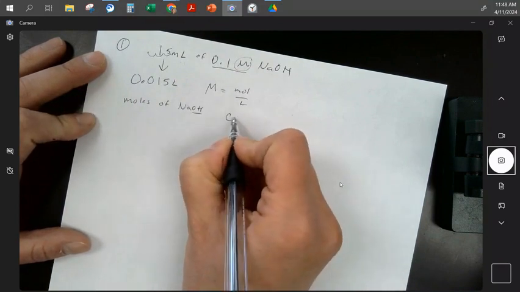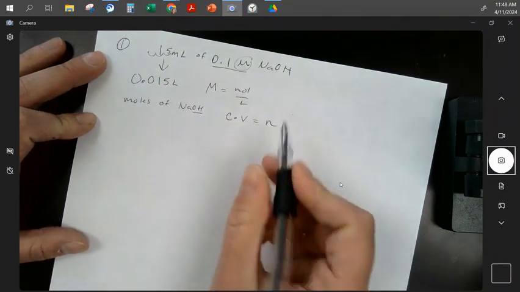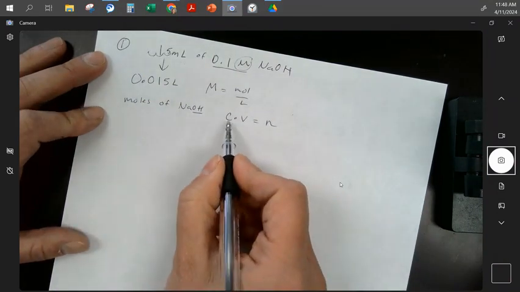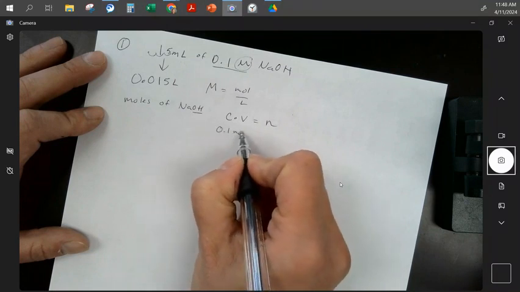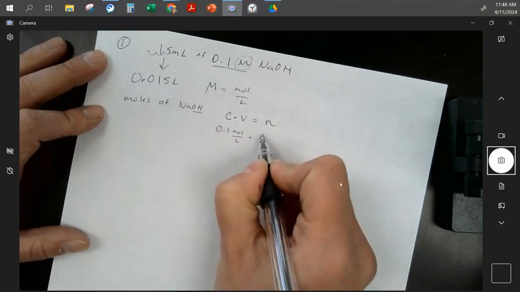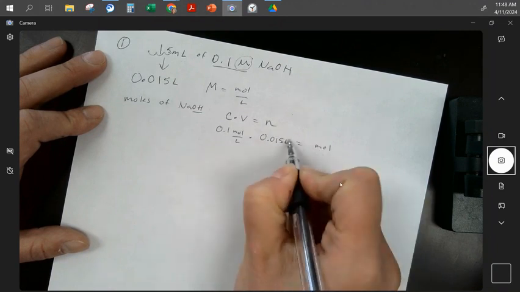So concentration times volume gives us the number of moles. We have the concentration, about 0.1 moles per liter, times the volume. That will give us moles.